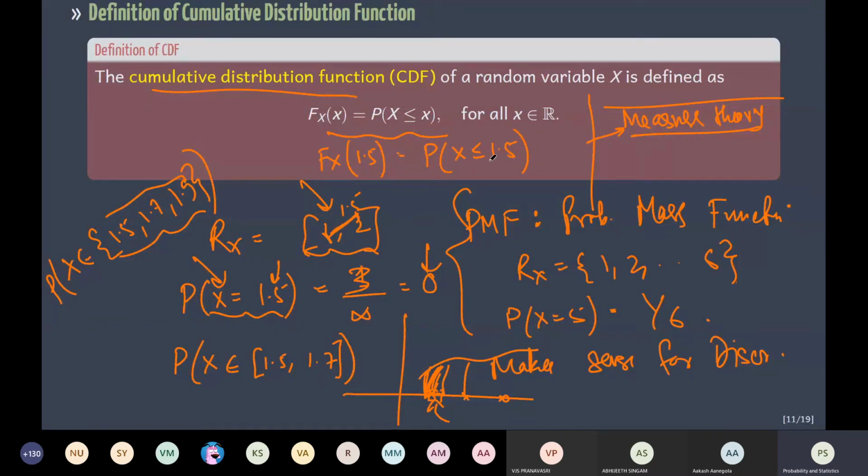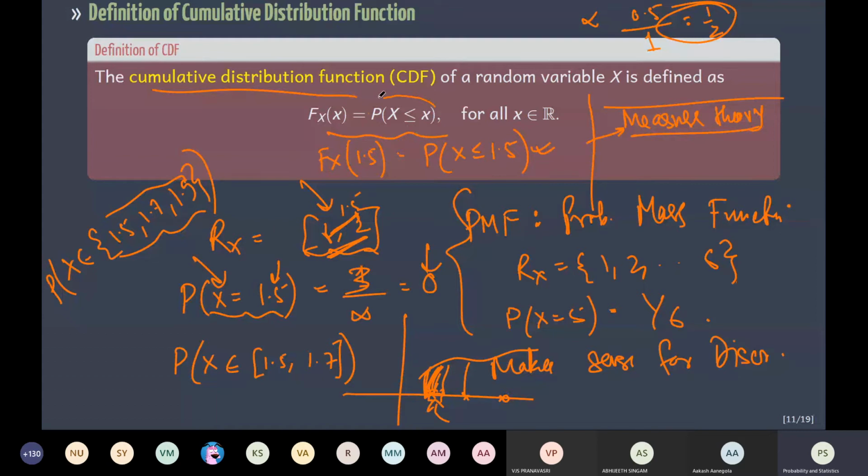If we compute the probability on this interval, 1 to 1.5 will be proportional to its length, which is 0.5, divided by the length of the original interval, which is 1. So these things make sense now. The probability will be half in this case.